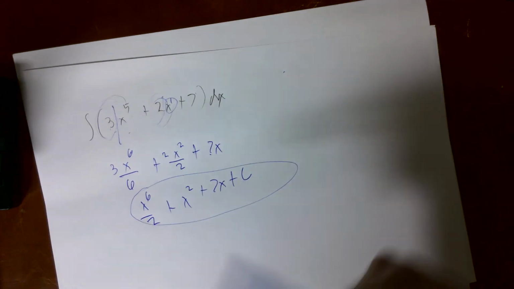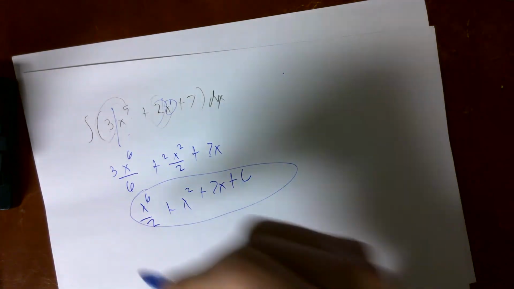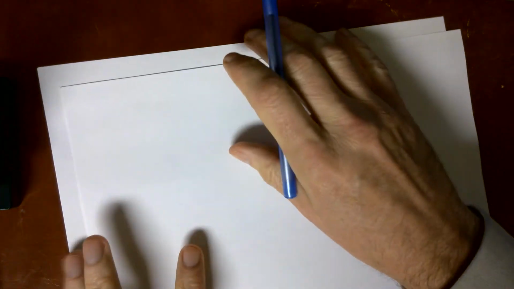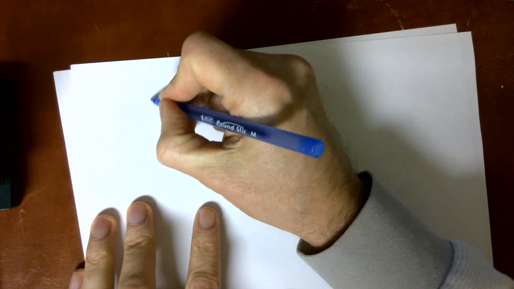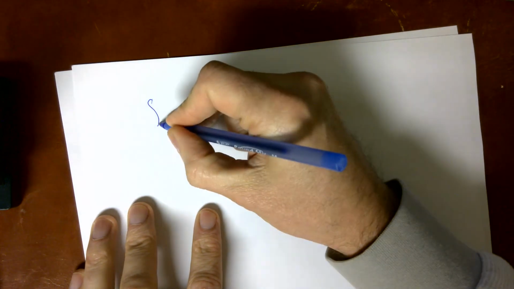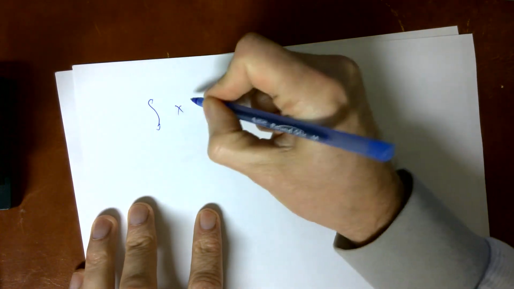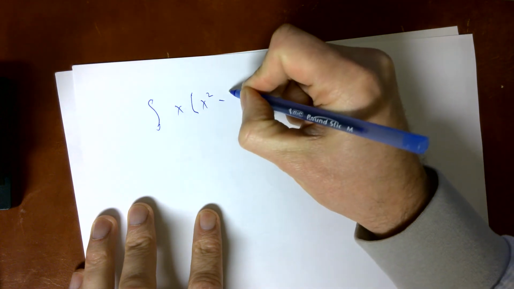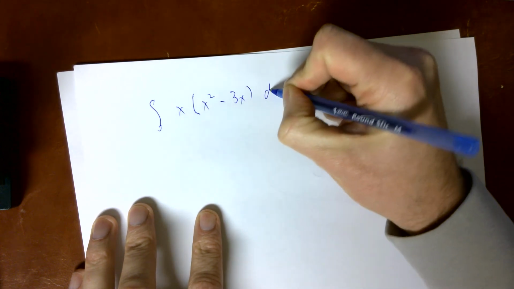The second one, and this is very similar to things that we did with derivatives. Let's say I ask for what's the antiderivative of x times x squared minus 3x dx.